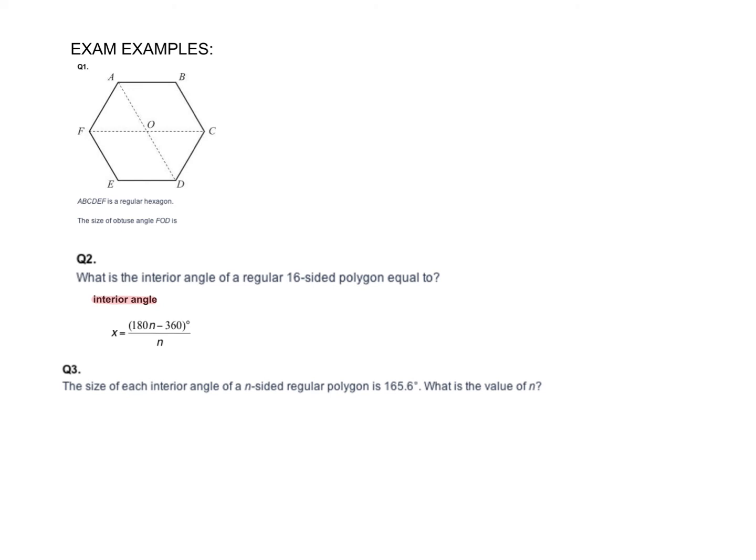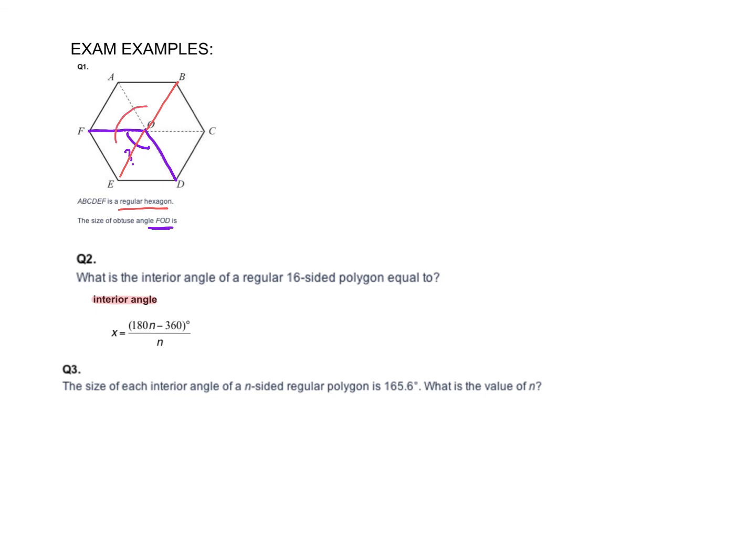Here it says the exam question. It's asking us to find the size of the obtuse angle FOD. But if you have a look, they would have told us, and they did, that it's a regular hexagon. So because it's a hexagon, I could break it into 6 equal triangles.